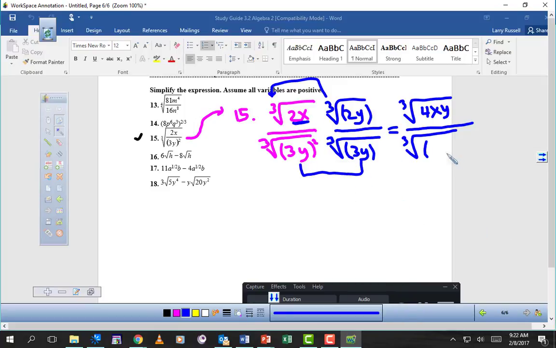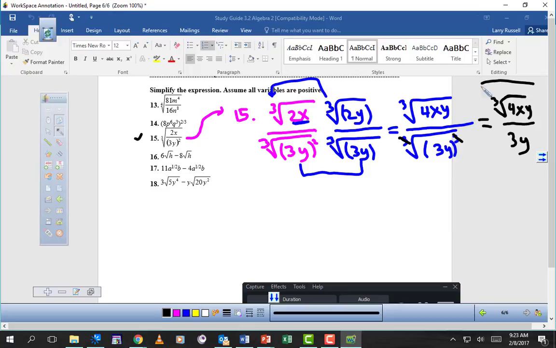Since there's 3 of these, I got 3y, the quantity, cubed. And that was my plan in the first place. I can now cancel off this cube with that cube root. And so this whole thing is going to be equal to the cube root of 4xy over 3y. You see?